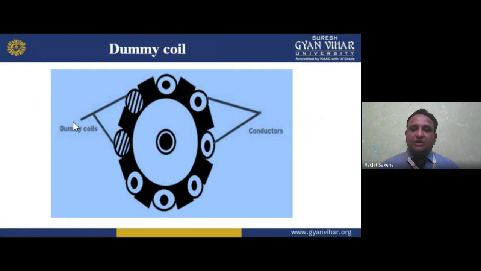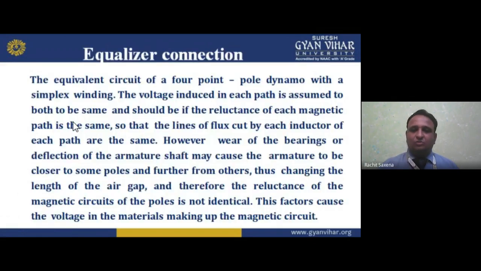If we are not connecting them, they are not playing a role and not giving you the output. What does it mean? It means they play a role which only maintains the balance. Okay. Now, equalizer connection.